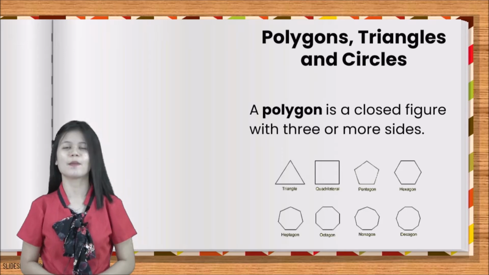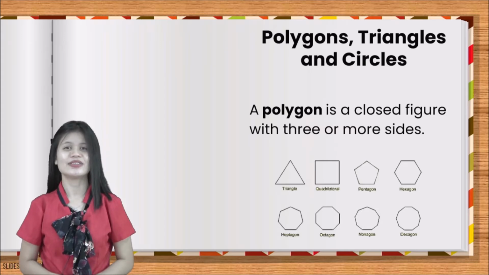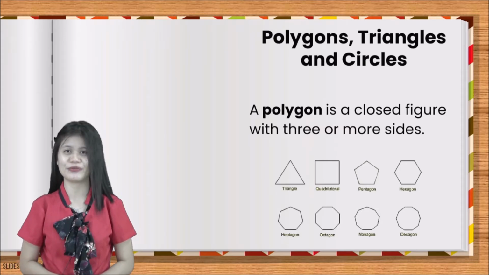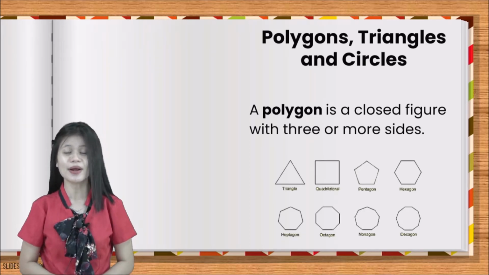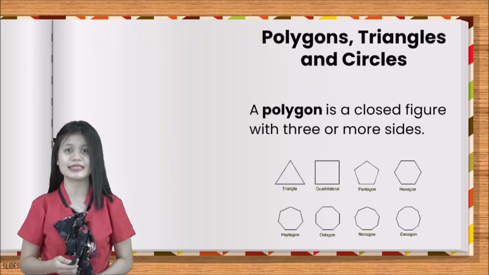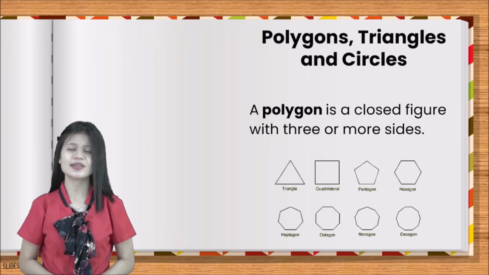These are examples of polygons. But if you're going to ask me, what about the circle, teacher? Circle is in a different form. It doesn't rely on a polygon because, remember, a polygon only has 3 or more sides. Circle has only one side.